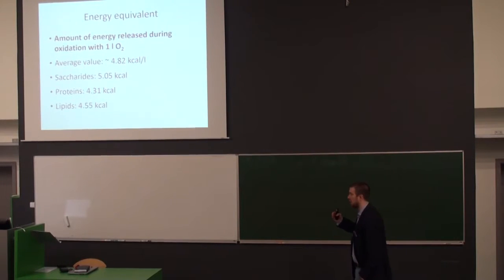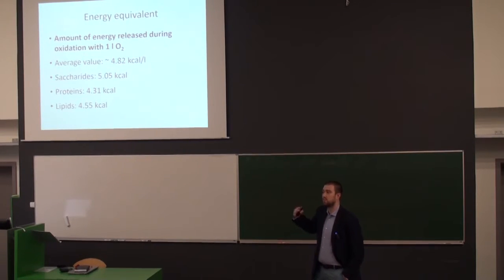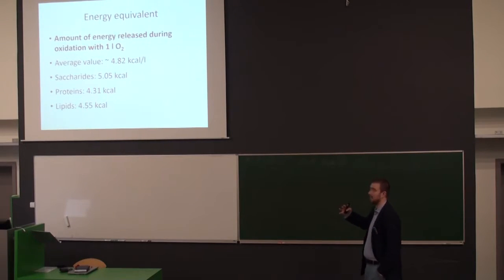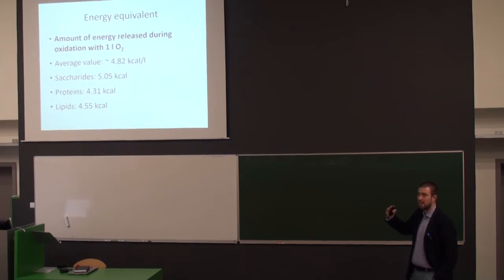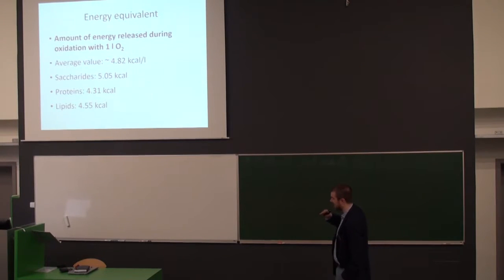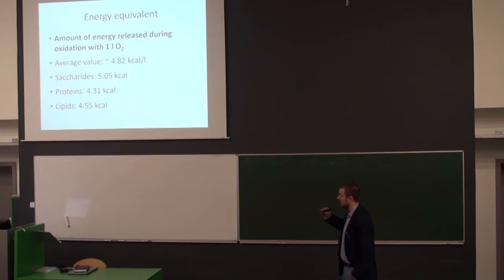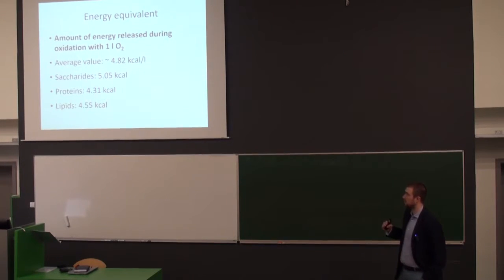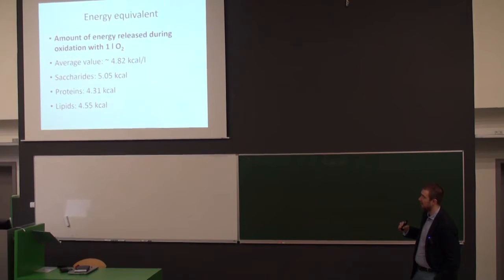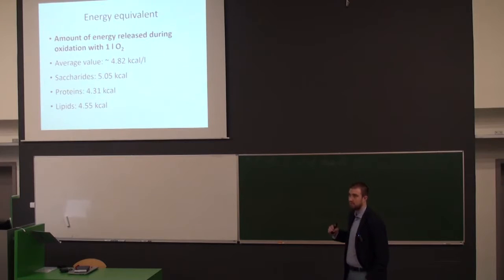And as you know, the tissues that suffer from hypoxia typically prefer to metabolize saccharides, for they gain a higher amount of energy when you are limited in the amount of oxygen. And then both lipids and proteins are lower. Lipids have slightly more, that's 4.55 kilocalorie, and proteins have around 4.31 kilocalorie.